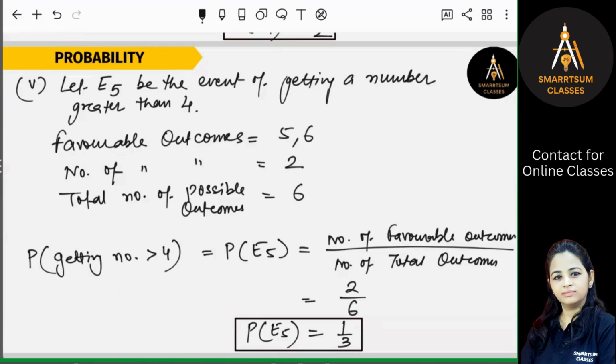And these are the events, like getting a 3, getting a 5, getting a 4, getting an odd number, getting a prime number, getting a number less than 4, getting a number less than 2. Any event you can take, getting even numbers. For these events, you can find the probabilities. Is that clear?